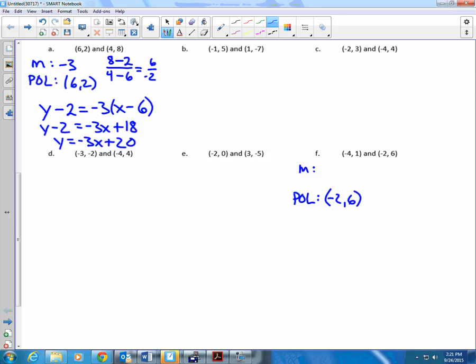Slope formula. What's y2? Minus y1 divided by x2. What's x2? Negative 2 plus 4. So I get positive 5 over 2.